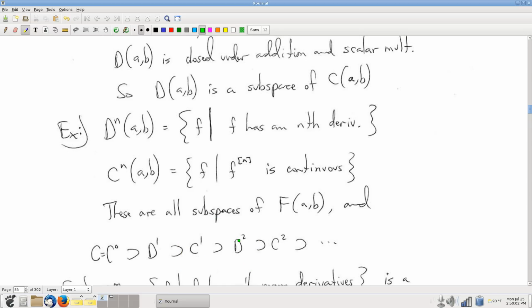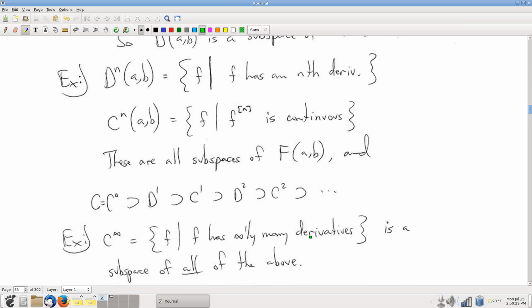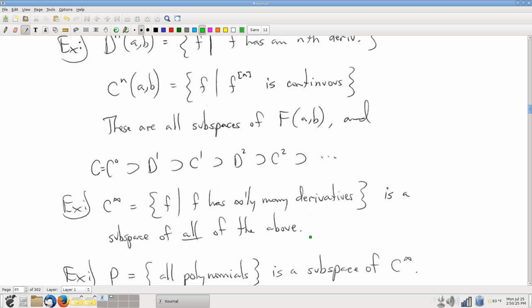So this pattern continues. So D1 is a subspace of C0, C1 is a subspace of D1, D2 is a subspace of C1, etc. And we have this sequence of nested subspaces that are increasingly subsets of each other.